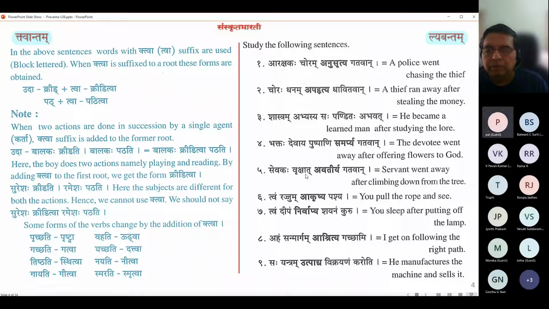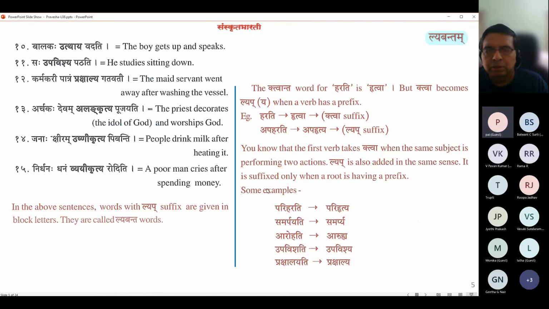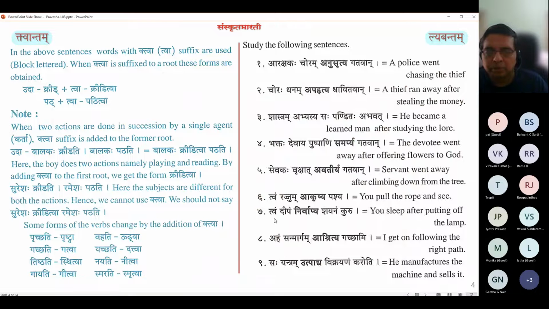Sevakaha vrikshat avatirya gatavan. Servant went away after climbing down from the tree. Tvam rajjum akrishya pashya. You pull the rope and see. Tvam deepam nirvapya shayanam kuru. You sleep after putting off the lamp.